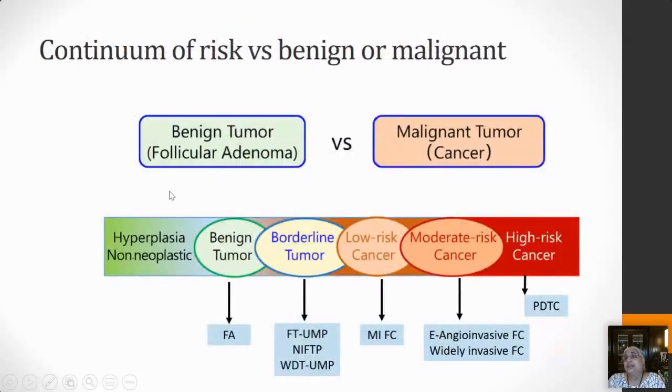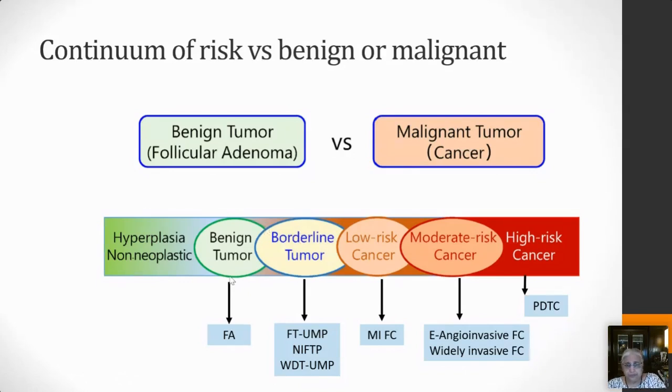Okay? And I think that we should be looking at thyroid tumors not as a benign versus malignant kind of continuum, right? You have benign tumor, which is a follicular adenoma, and we're talking here of follicular patterned lesions.